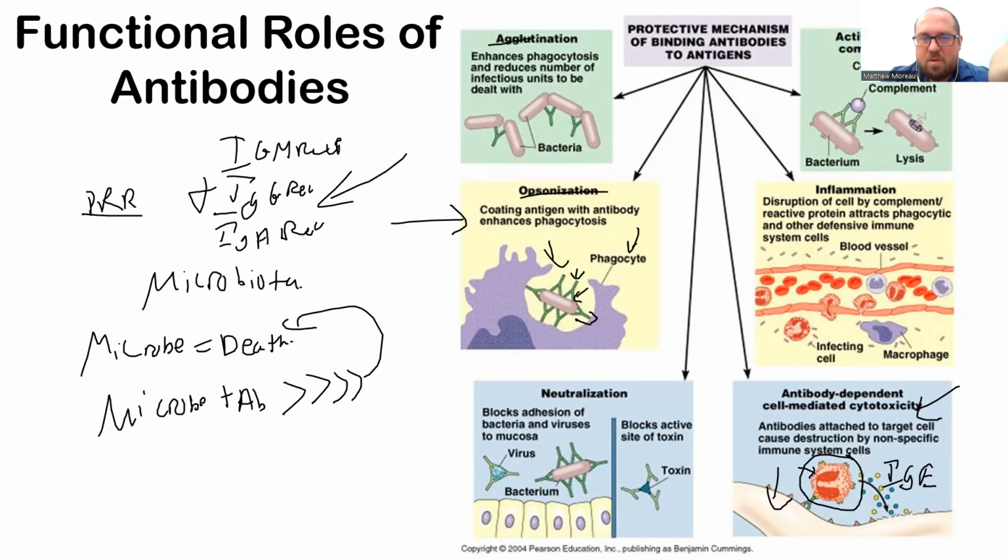There's another one called agglutination. Agglutination is the ability for antibodies to bring what would relatively be a dispersed populace of bacteria or microorganisms to one specific location. And because they're bound by antibodies, again, they can be found by receptors.